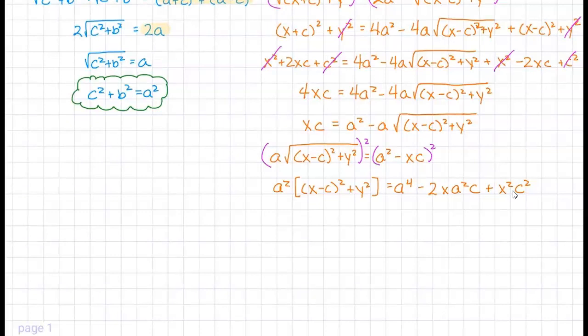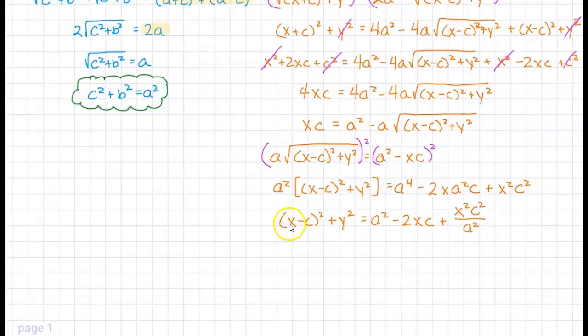So I'm going to have x minus c squared plus y squared equals a squared minus 2xc plus x squared c squared over a squared. So I just divided every term by a squared. That cancels this out, so I'm just left with the part that was in the brackets. Divide that by a squared, divide this term by a squared, that goes away, and then divide this by a squared.